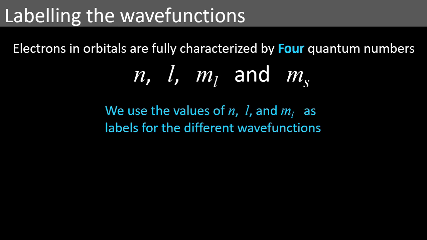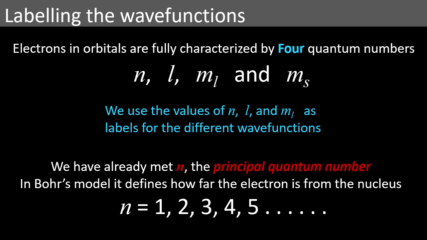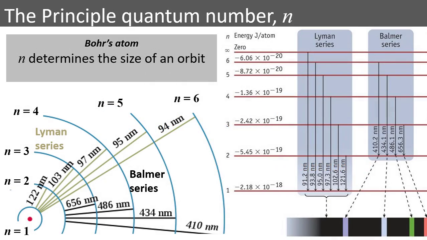So, actually we've already met the first and most important quantum number. It is n, and it is called the principal quantum number, and it can only take values that are natural numbers. That is, it can be 1, or 2, or 3, or 4, etc. The principal quantum number n is the same n that we saw in Bohr's model of the atom.